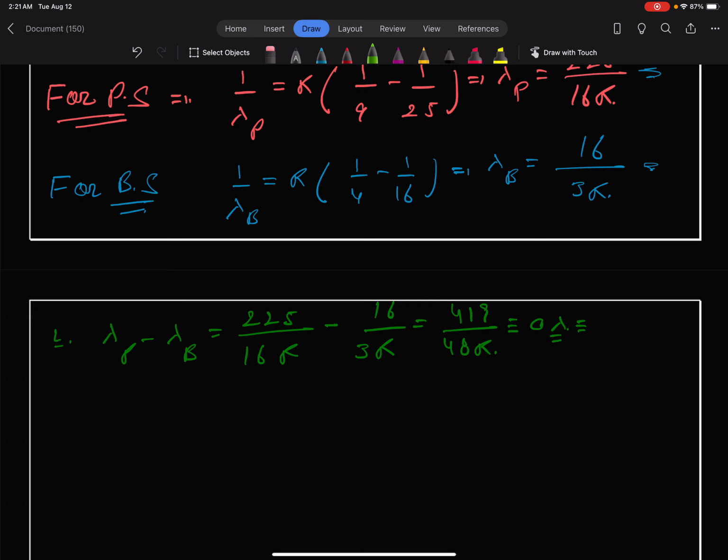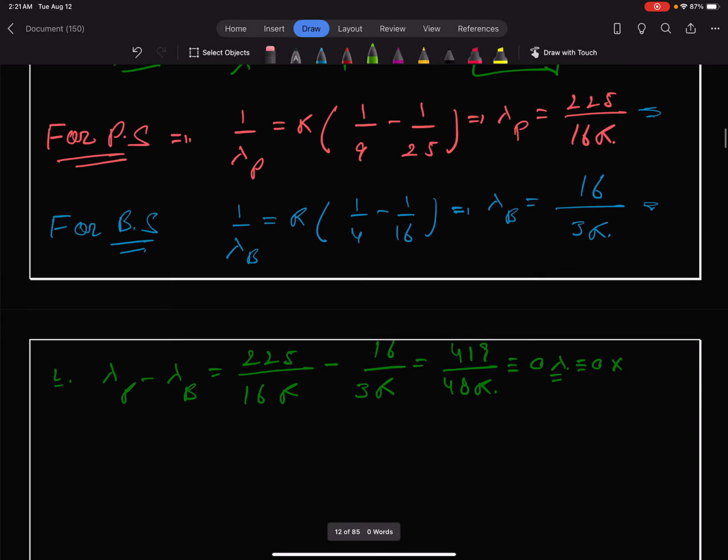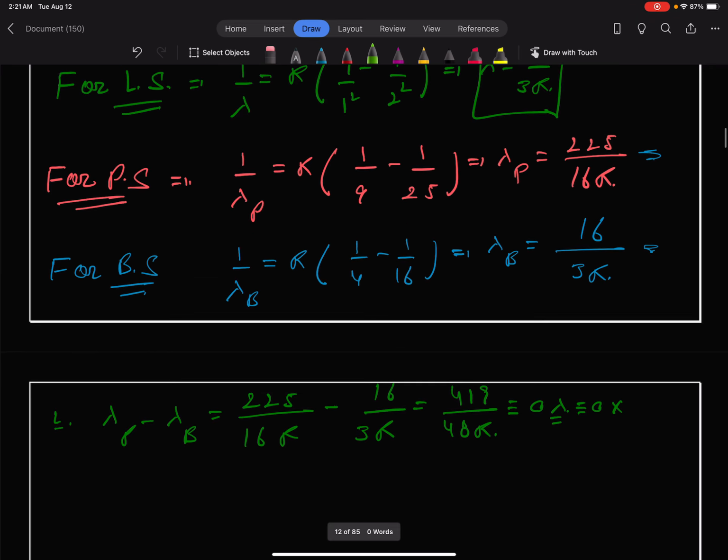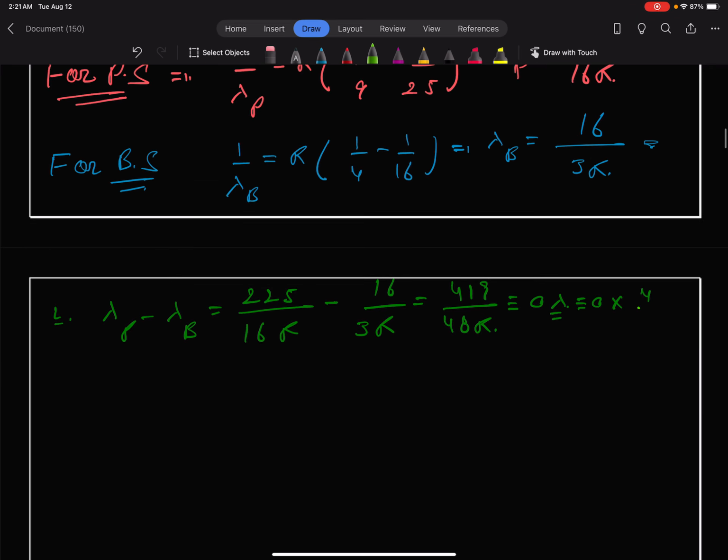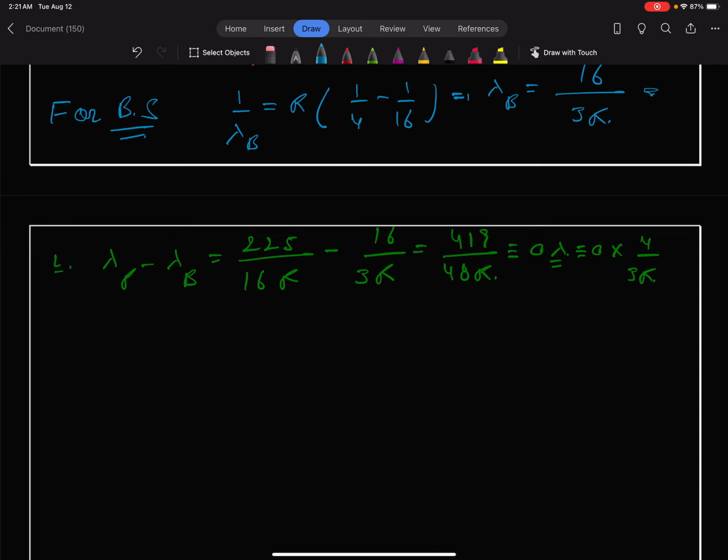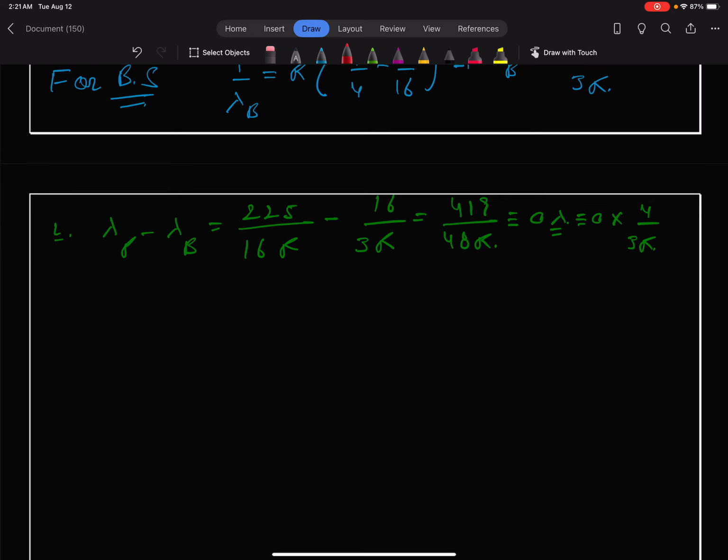So this comes as A times 4 by 3R will be equal to 419 upon 48 times R, and here R and R cancel.